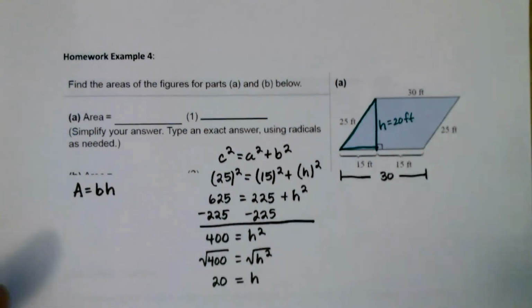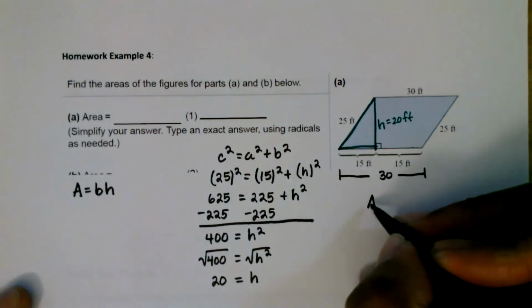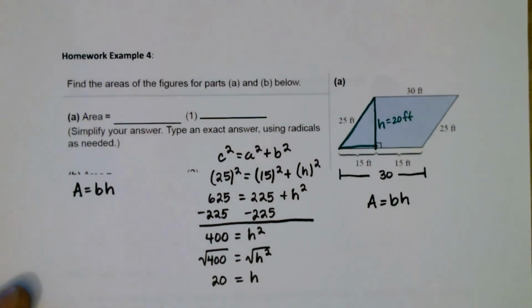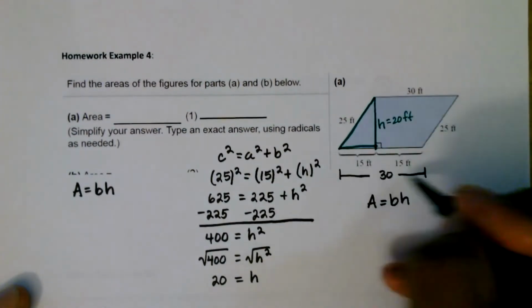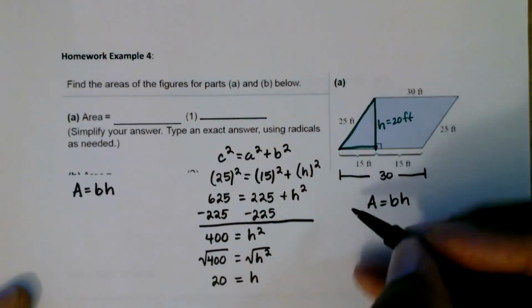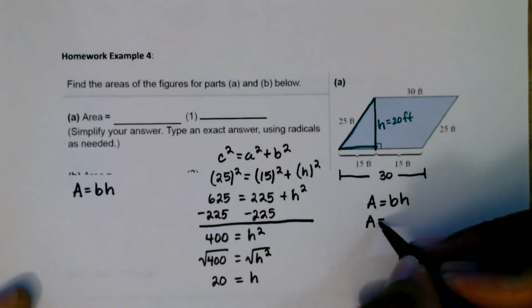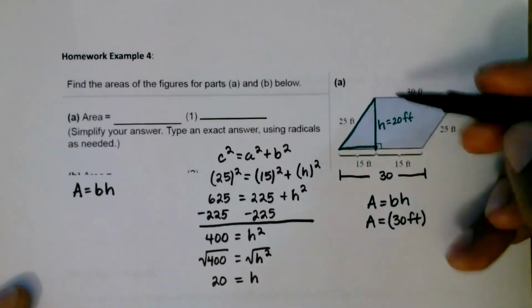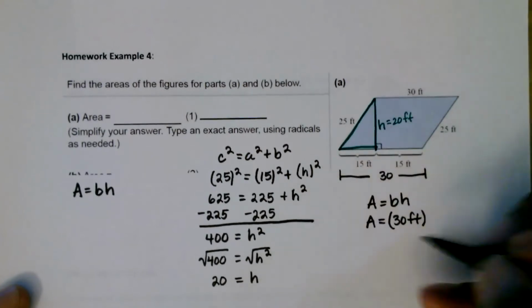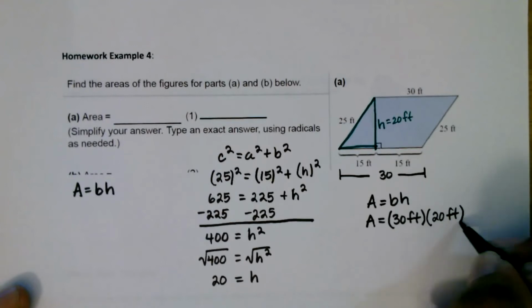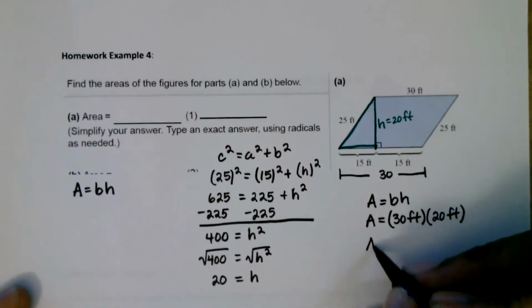And now we can use the area is equal to base times height formula for the area of a parallelogram. So now my base is this 30 feet going straight across, from 15 plus 15. So this is 30 feet for the base. The height going straight up and down is 20 feet, which is what we found h to be using the Pythagorean theorem.